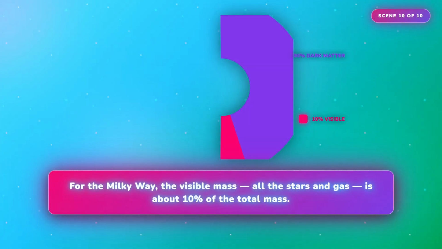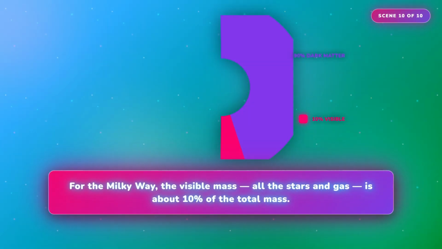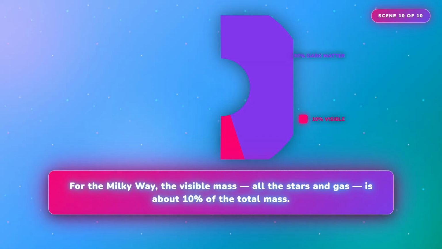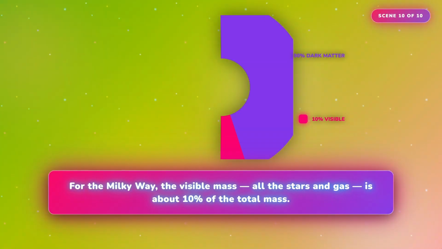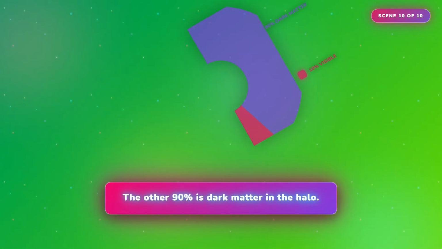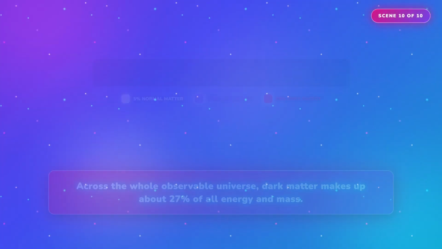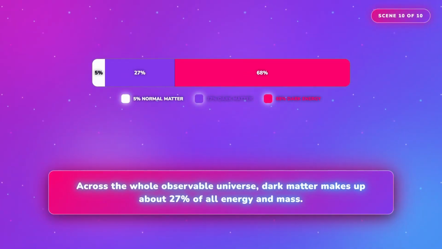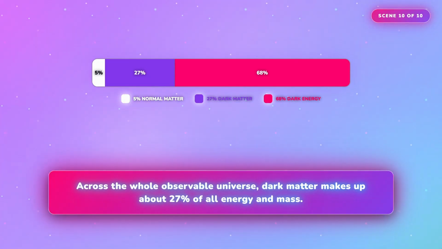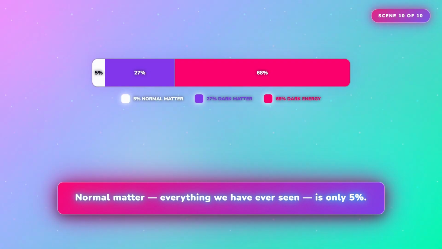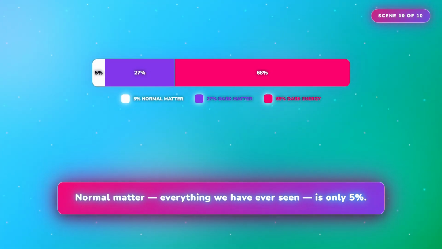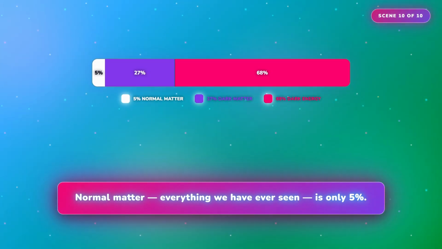For the Milky Way, the visible mass, all the stars and gas, is about 10% of the total mass. The other 90% is dark matter in the halo. Across the whole observable universe, dark matter makes up about 27% of all energy and mass. Normal matter, everything we have ever seen, is only 5%.